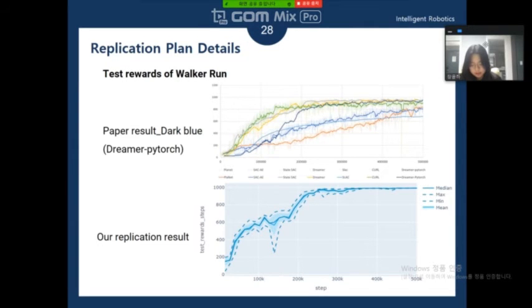Next is the test rewards for both the paper and our application. For the above graph, Dreamer PyTorch version is dark blue. Comparing two graphs, early episodes seem to have low similarity, but as it goes to the end of the episode steps, both graphs converge to the same 1000, which means as the episode number gets higher, test rewards get better.